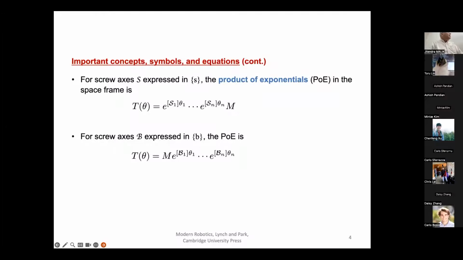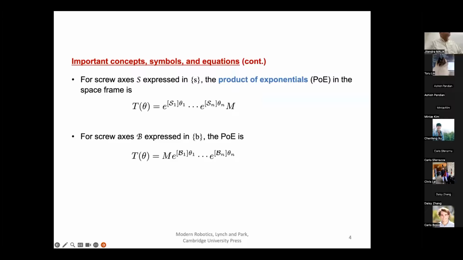Okay, and this is the big picture. At the end, hopefully you will remember this one thing, which is we find a way to characterize the kinematics of the robot through the product of exponentials. So this is what you see here. You see a whole bunch of e to the somethings. There is M, which is the rest configuration.